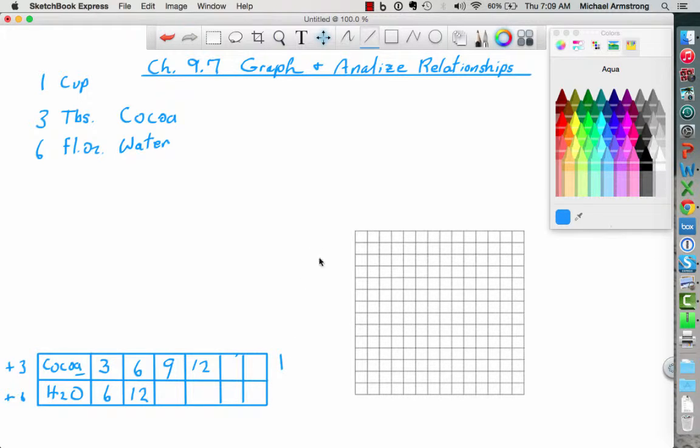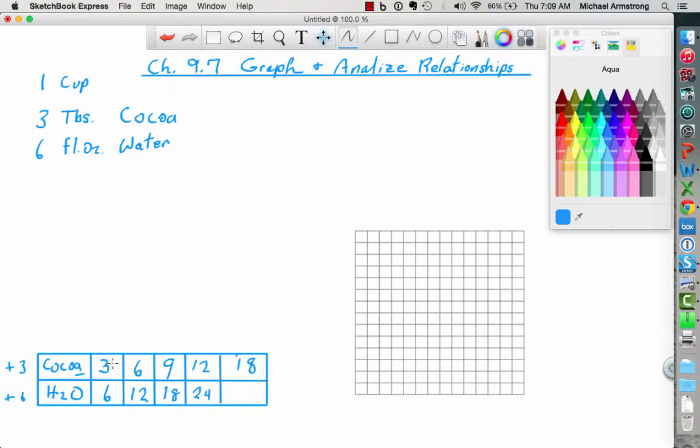So I guess we could look at that. They just went straight to 18, and they skipped over 15. And I guess that's important to note. When you're counting by 6, 12, 18, 24.